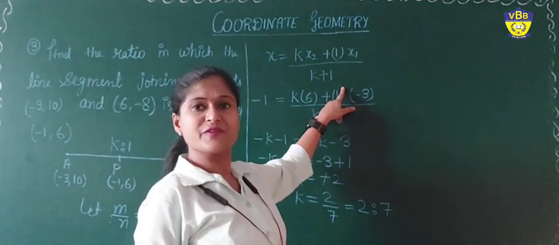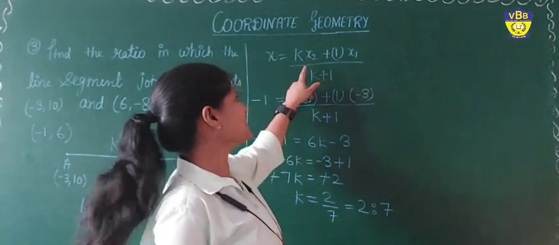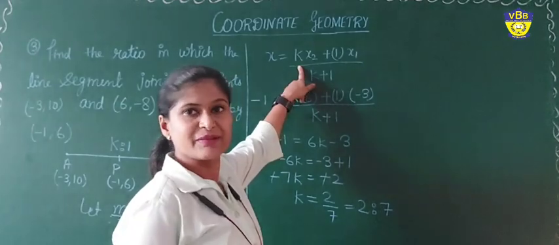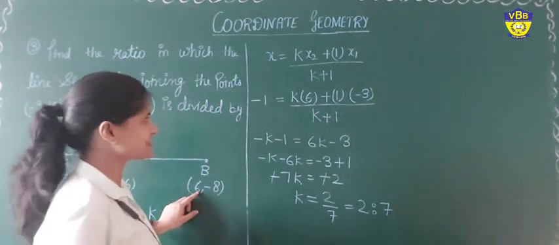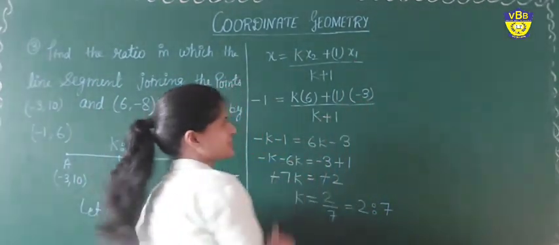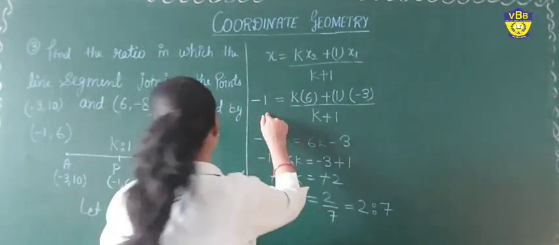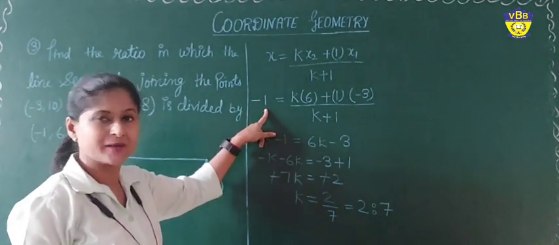In a similar way as we did with m and n, n is taken as 1 and m is taken as k. So k times x2, which is 6, and in place of x1 it is minus 3. We put these here, and the value of x is minus 1.